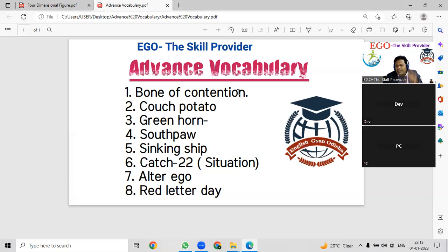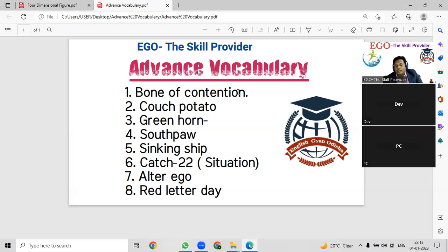I don't use my left hand most of the time. For a specific use, I may use my left hand. For most of the work, we use the right hand. And there are some persons who always use their left hand for eating, for writing, for playing. They are called southpaw. A southpaw is a person who uses his or her left hand most of the time.